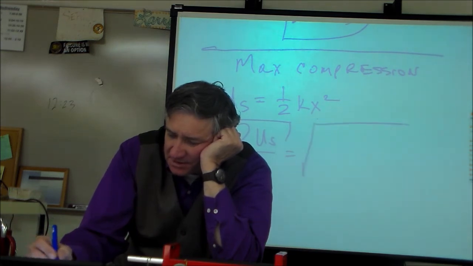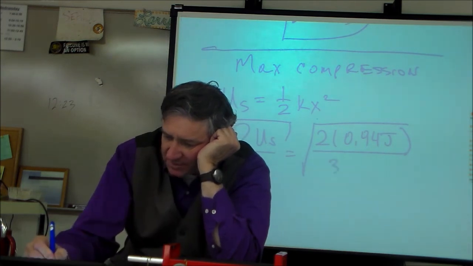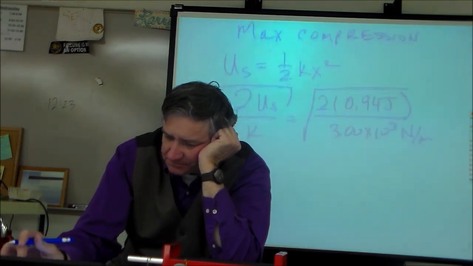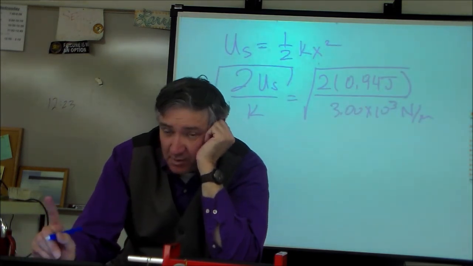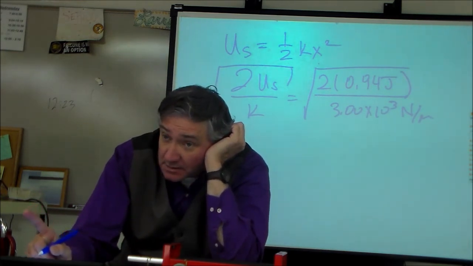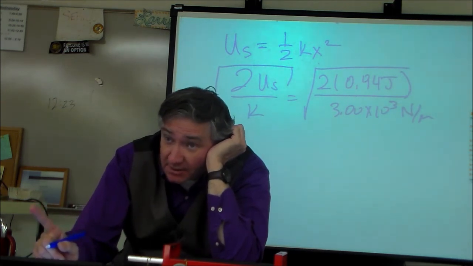So I'm going to take 2 times 0.94 joules, divide that by the spring constant of 3.00 times 10 to the third newtons per meter. So what do you get now? What does this answer have to be bigger than? Well, when we did 0.01, it was still moving, right?